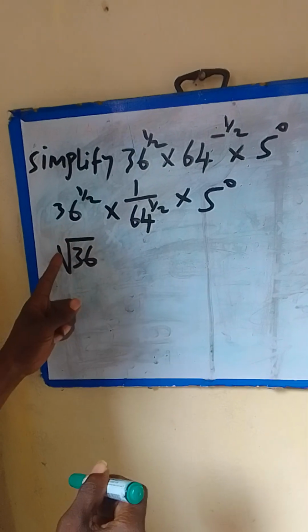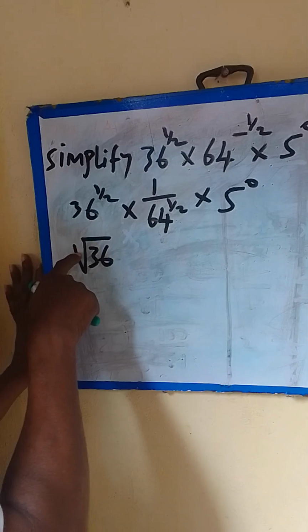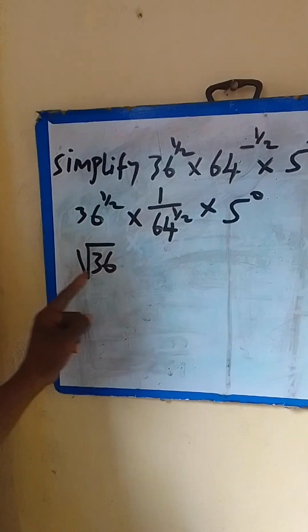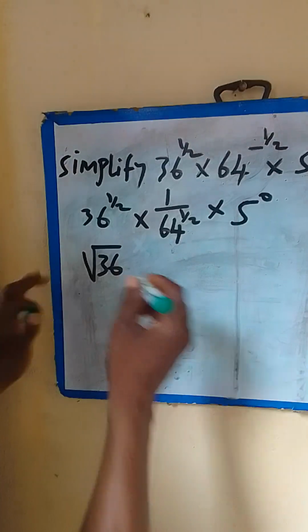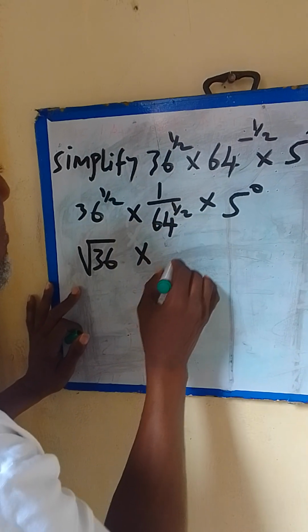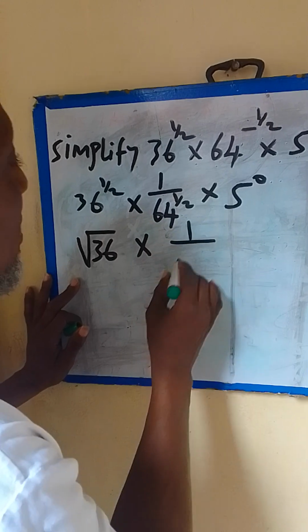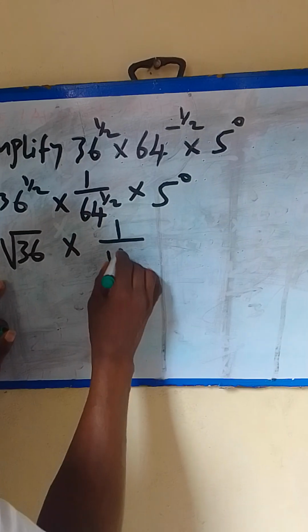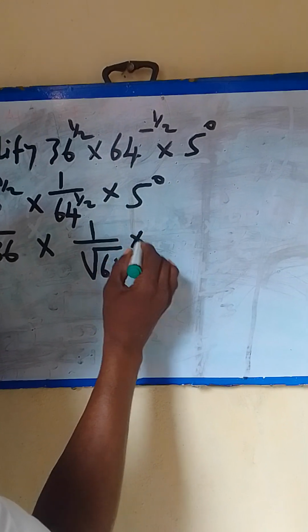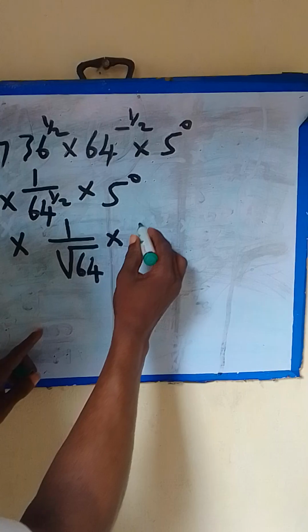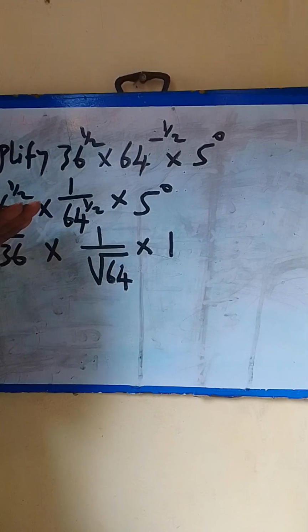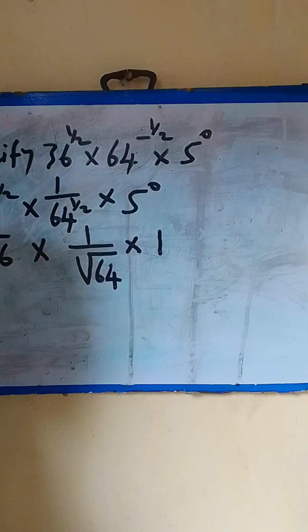Since it is a square root, you don't need to put the 2 inside the root. So it becomes the square root of 36 times 1 all over the square root of 64, times 5 raised to power 0, which is 1. So that is what you need to take note of. Follow this process. It will be easy for you.